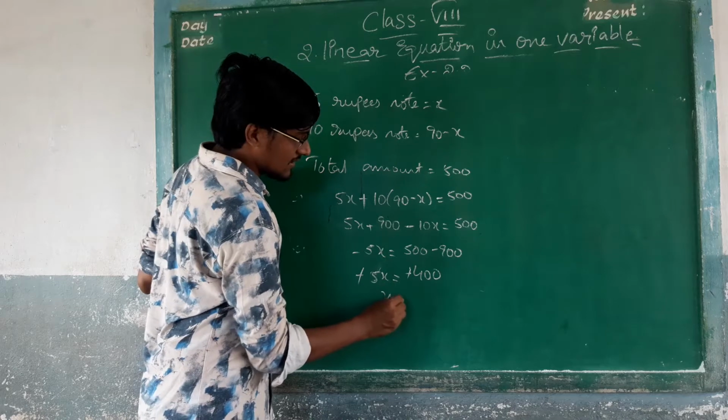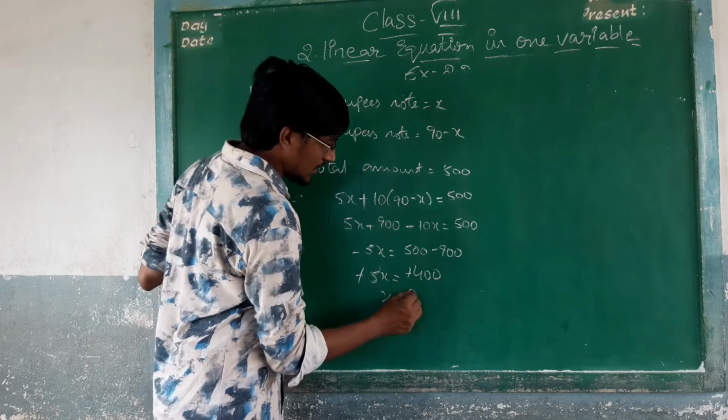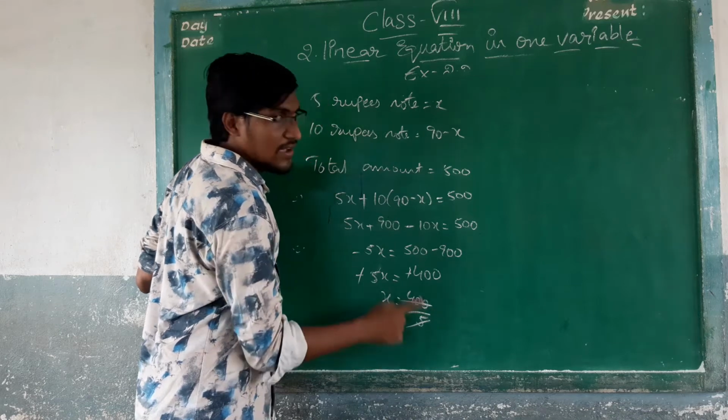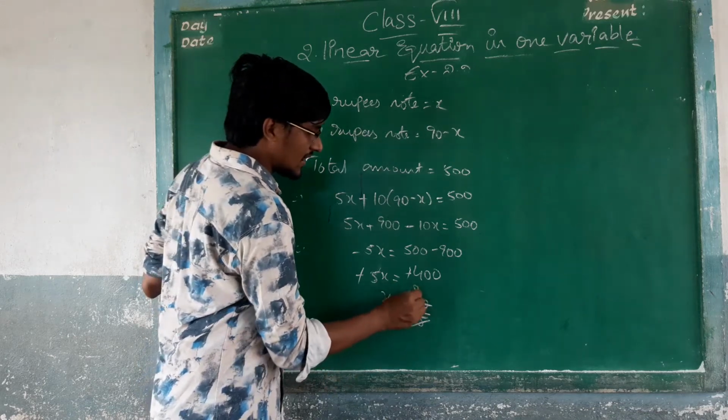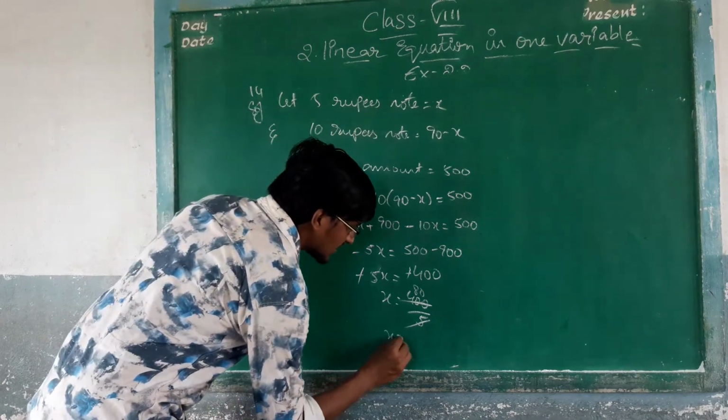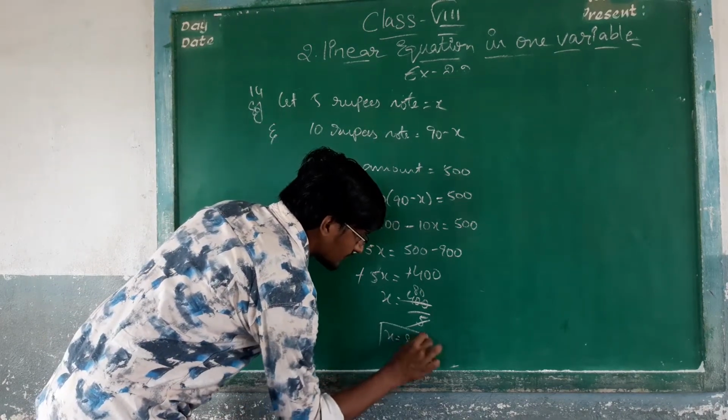Again we want x. Move this 5 to the right hand side. 5 fives are 25... 5 eights are 40, 0. 80 times 5 is 400. That implies x equal to 80.